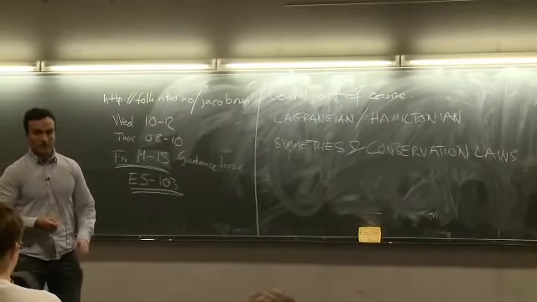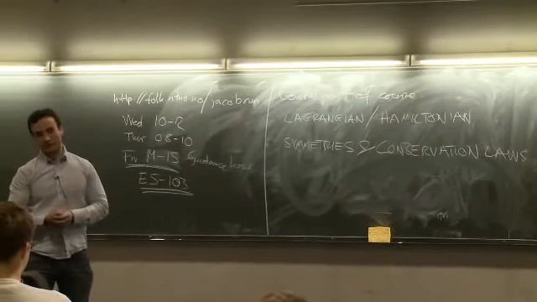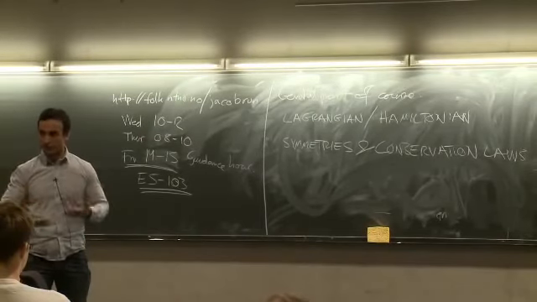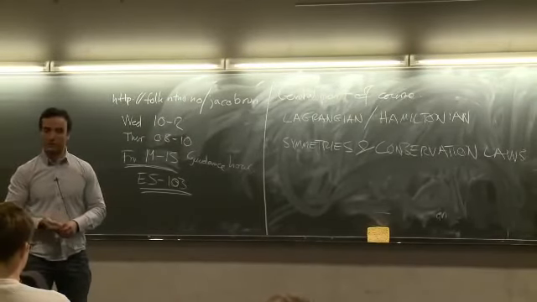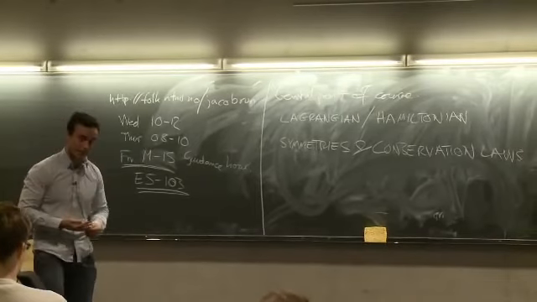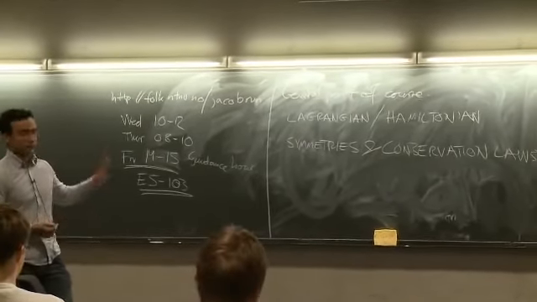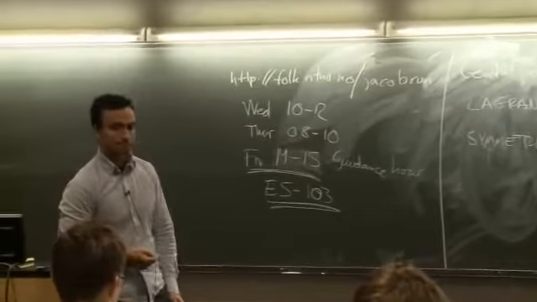So these are the main ingredients of classical mechanics. Of course, there's a lot of other stuff that we're also going to have a look at, for instance, the theory of special relativity. But this is the bread and butter of the course.